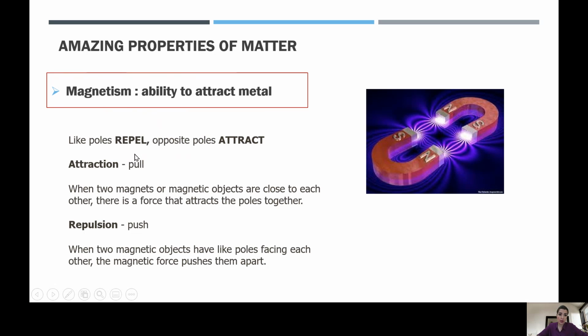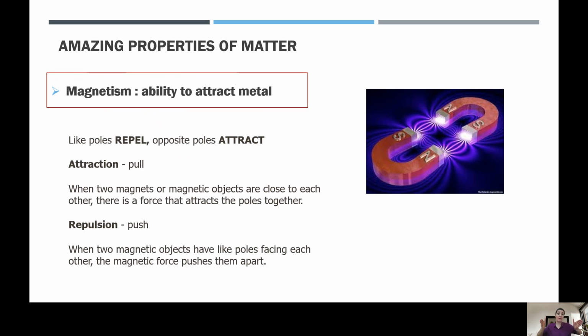But you need to know one thing that is special about magnets: a magnet will repel like poles and will attract opposite poles. In other words, the north will attract south, but the north will repel, or go away from, north. This means like poles will repel, go away from each other.